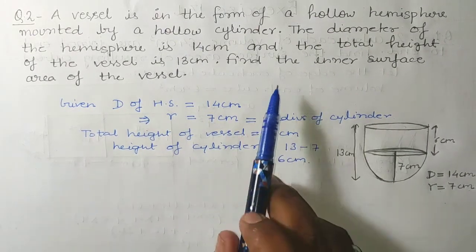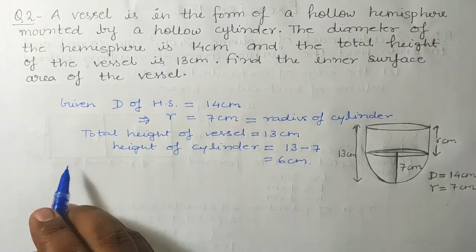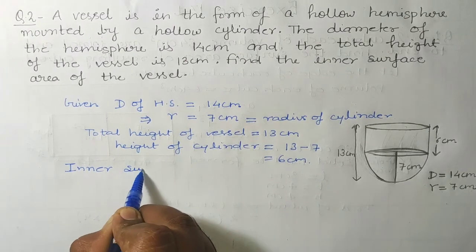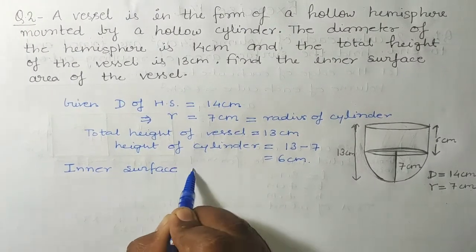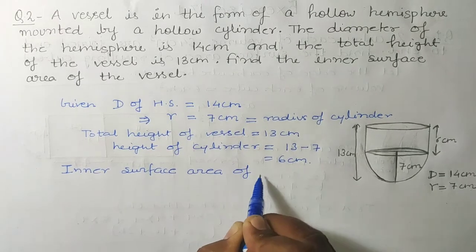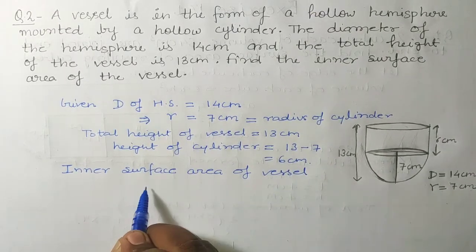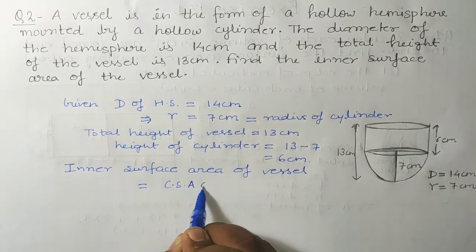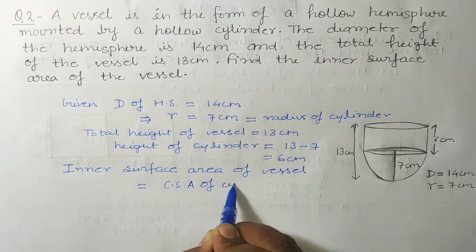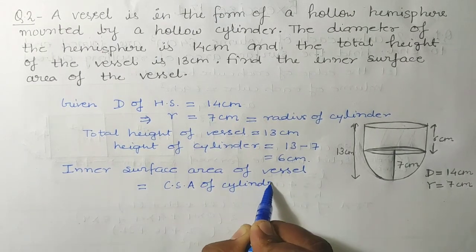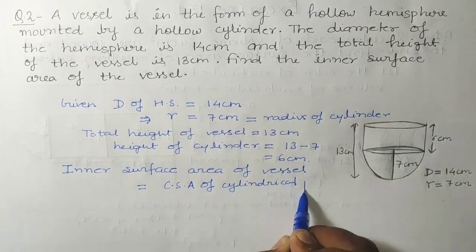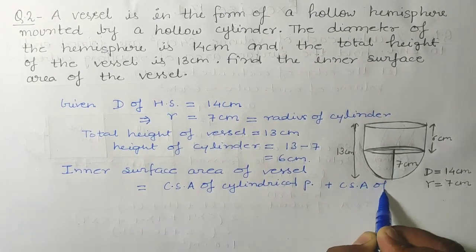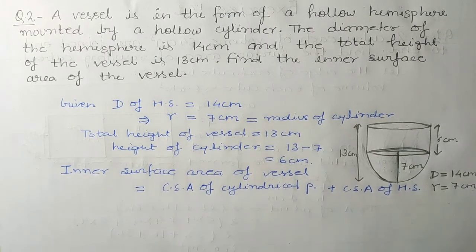Now since we have to calculate the inner surface area of the vessel, how we'll calculate it? We'll add the curved surface area of the cylindrical portion plus the curved surface area of the hemispherical portion.